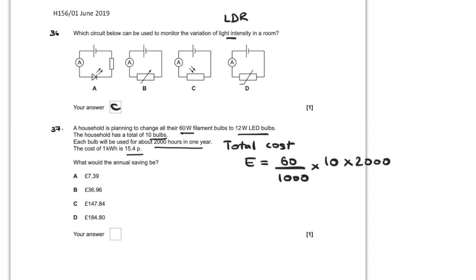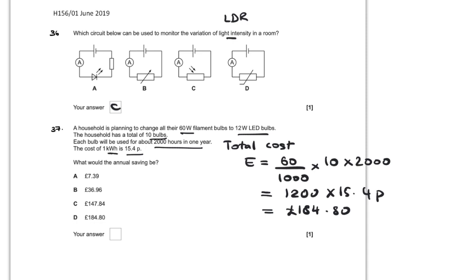We do not need to convert this into seconds because the energy is measured in kilowatt hours. The energy is 1,200, and I will times that by 15.4p, which gives me £184.80. So that was for the 60 watts.